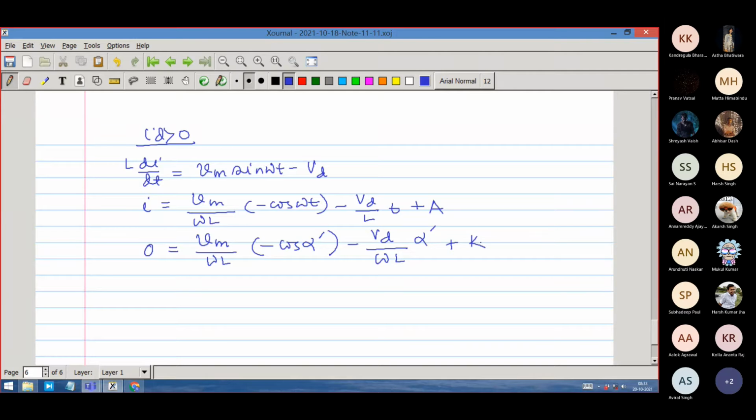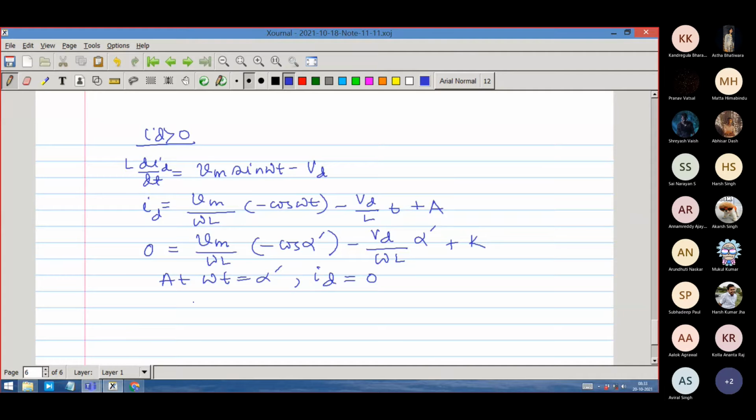So this is the condition when at theta, the general angle I am calling omega t, at omega t equal to alpha dash, id is equal to 0. This is id, L di by dt. So this is equal to 0.